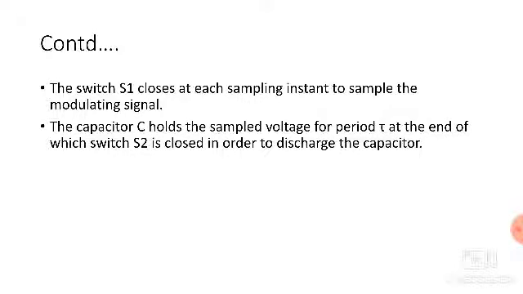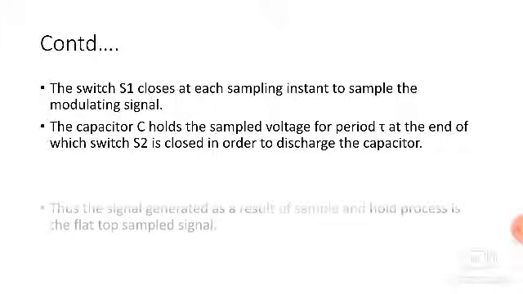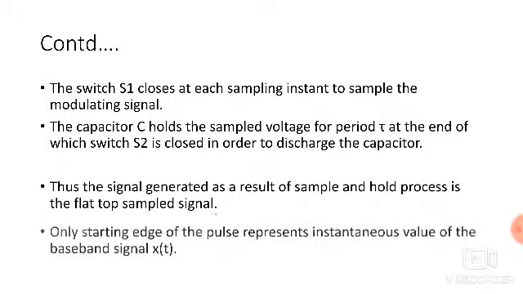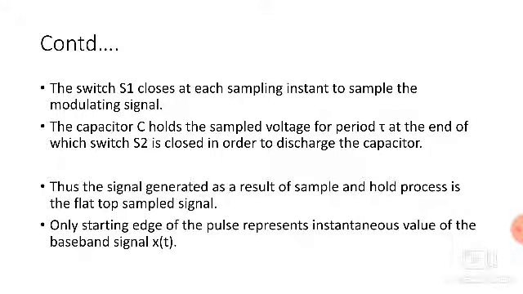At that time the capacitor C holds the sampled voltage for the time period tau, until the switch S2 is closed for the discharge time of the capacitor. Thus the signal generated as the result of the sample and hold process is called the flat top sampled signal.